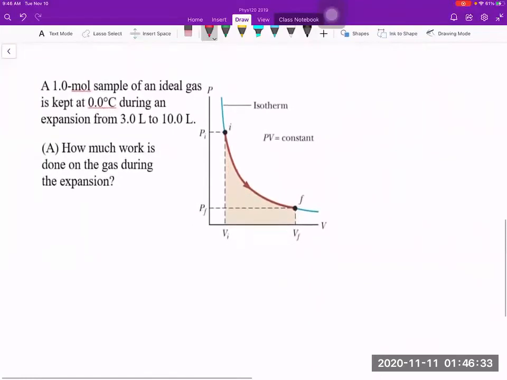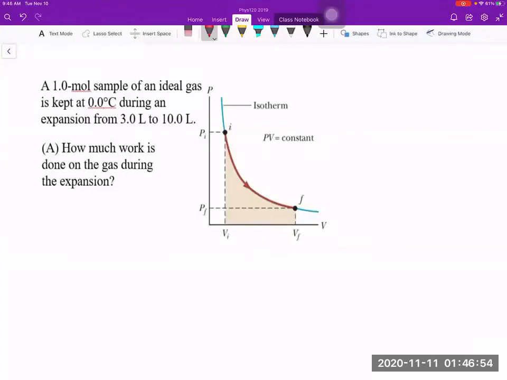Okay, let's do one example over here to show you how we can use this equation to help us solve a thermodynamics problem. The problem over here, we're looking at one mole of a sample of an ideal gas. By the way, the PV equal to nRT is only valid for the ideal gas.